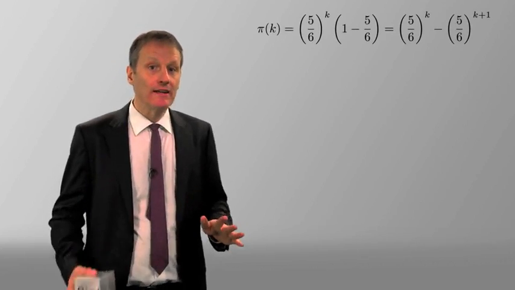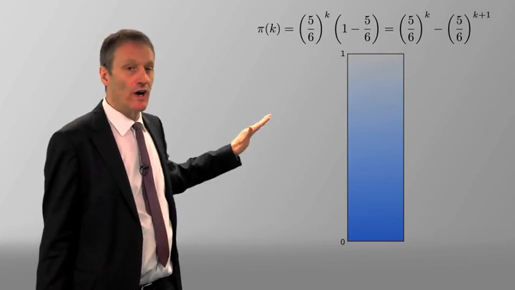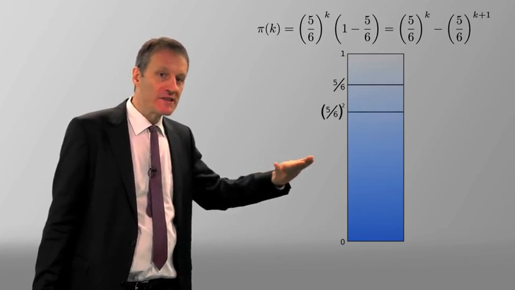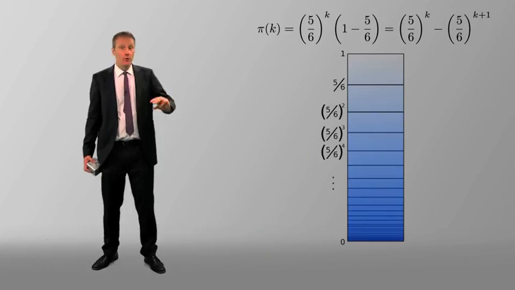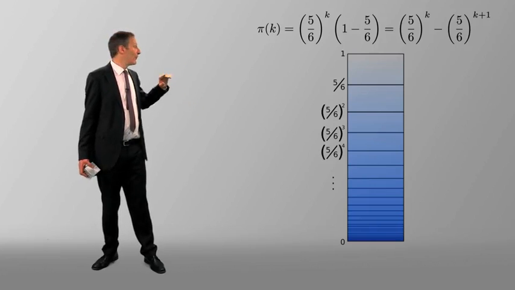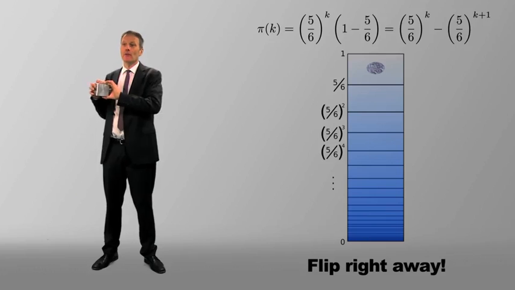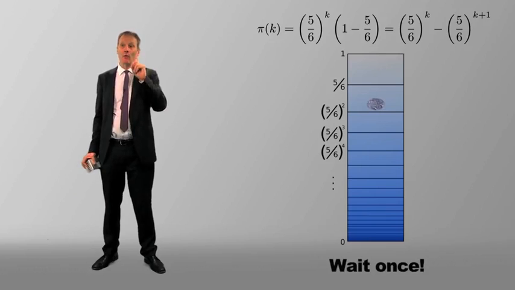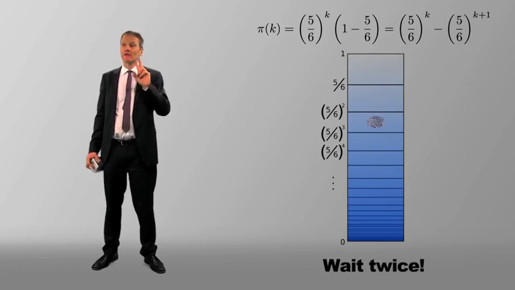So this can be made into a tower sampling problem between 0 and 1 with horizontal lines at 5/6, (5/6)², (5/6)³, and so on. We throw a pebble into this tower, and if it falls, for example, in the upper box, we have a new flip right away. If it falls into the second box, we have to wait once. If it falls into the third box, we have to wait twice.